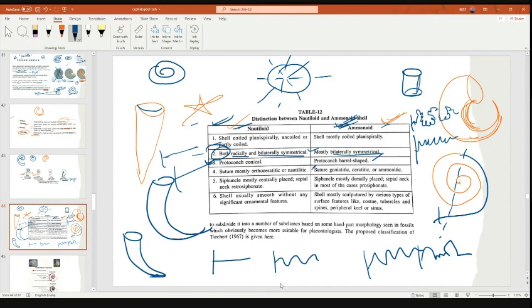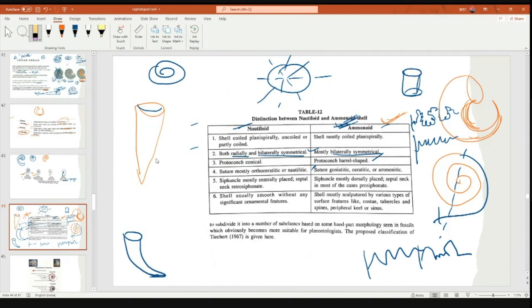Now most important, differentiate on the basis of their siphuncle. Last class we already saw how to differentiate siphuncle. So in the case of the nautiloid, the siphuncle is mostly centrally placed. This will be important. In nautiloid it is central, this one is the siphuncle, right? And in the case of ammonoids, it is marginal, or you can say ventrally or dorsally placed.